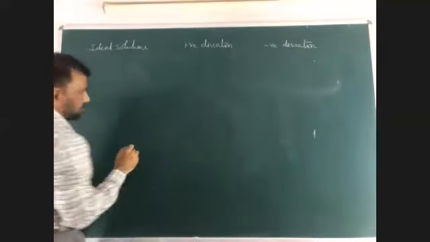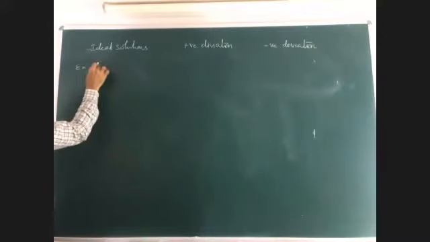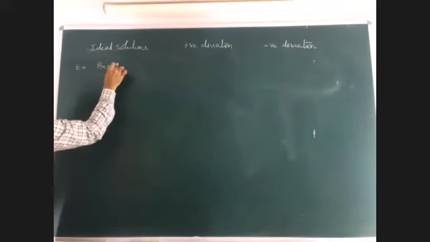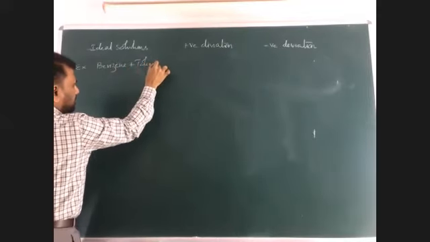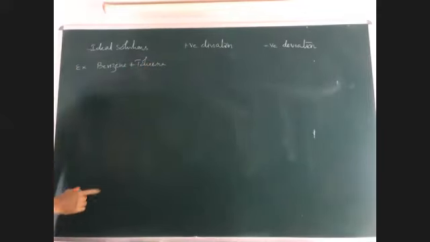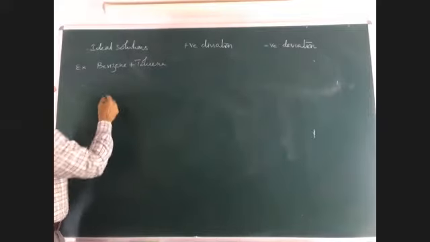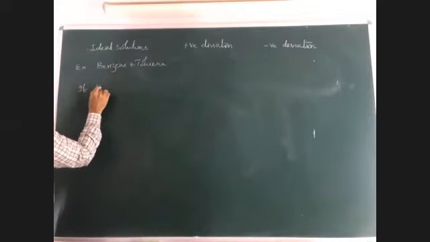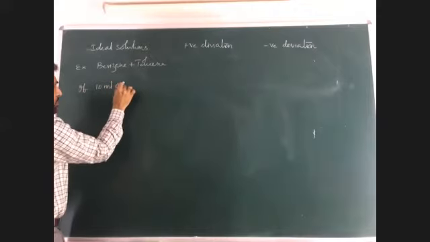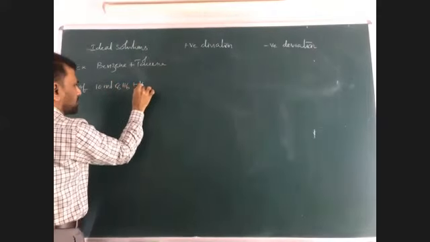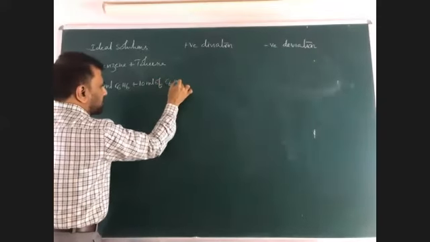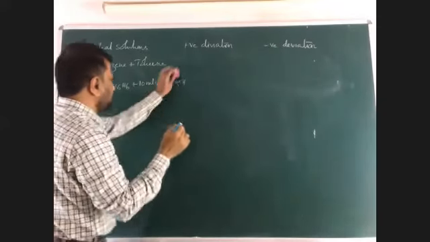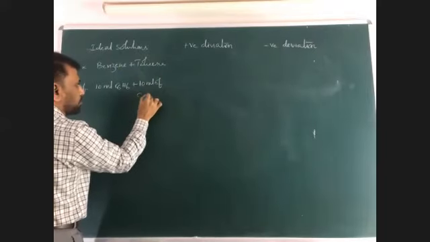What are ideal solutions? For example, benzene plus toluene. In this solution, if 10 ml of benzene is mixed with 10 ml of toluene, that is C6H5CH3, 10 ml of toluene.